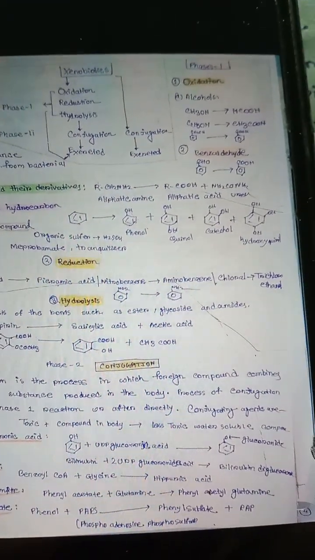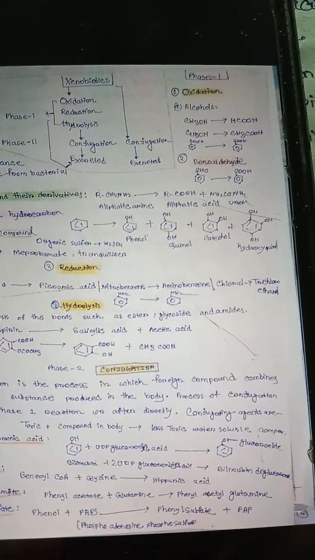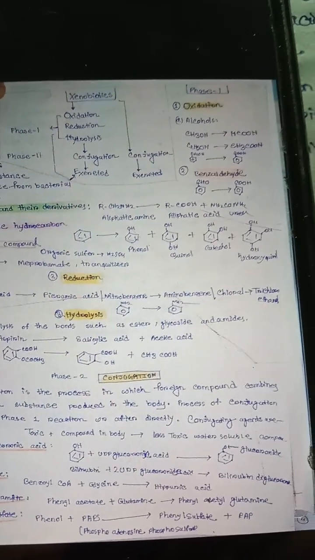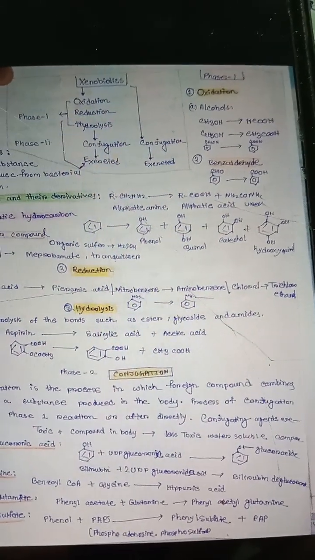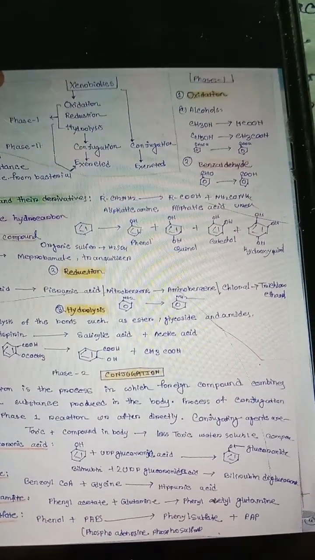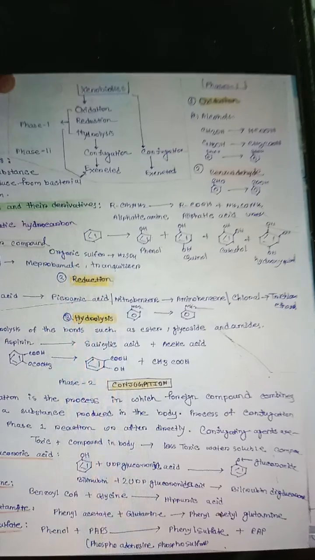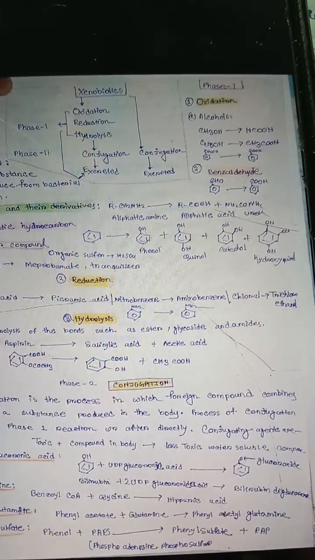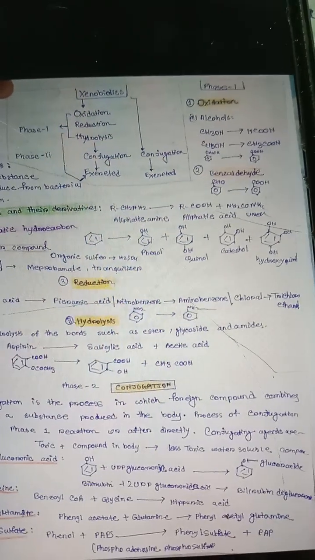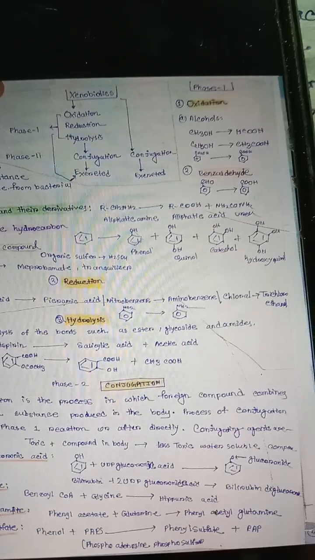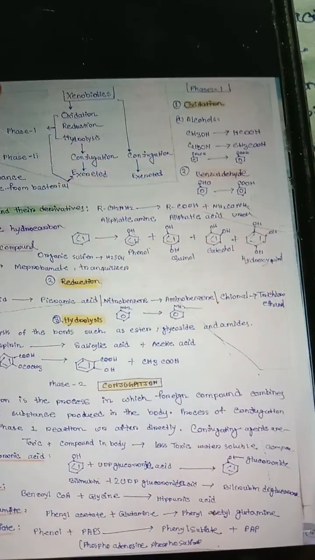So you should know the process of detoxification, okay, and the biotransformation of xenobiotics. There are phase 1 reactions and phase 2 reactions. Phase 1 reactions include oxidation, reduction, hydrolysis, and some other reactions which are not too important.